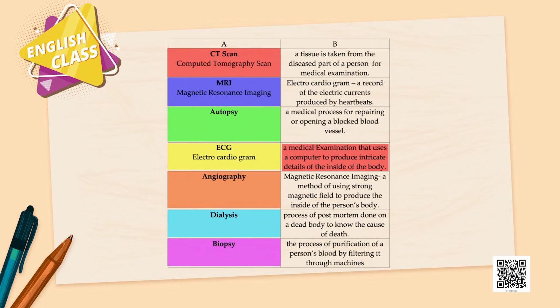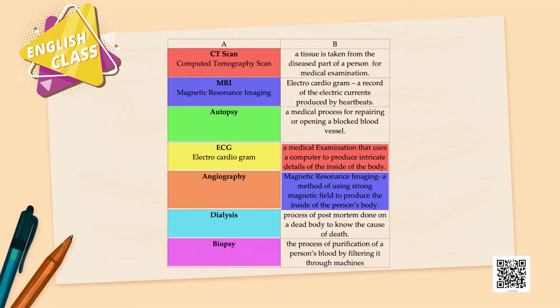Good. Let us move on to another term, MRI. MRI is magnetic resonance imaging. Let me see which one of the clarifications match. Magnetic resonance imaging is a method of using a strong magnetic field to produce images of the inside of a person's body. See these terms, CT scan and MRI.